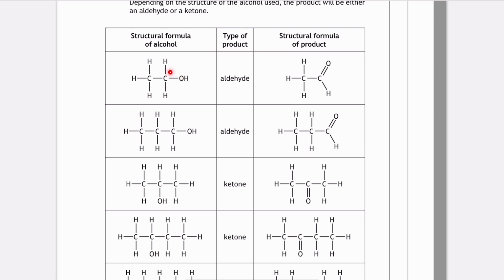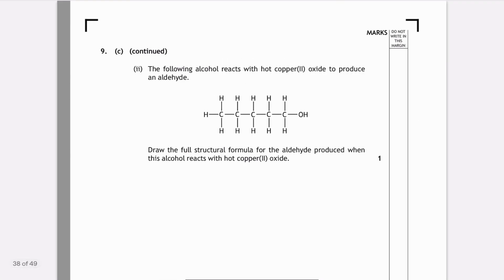So you could say that it's lost an H and the OH has become a double bond O instead, and that's the same for this one here. So that's basically what we need to do to this molecule. So we need to take that H away, and that then becomes a double bond O. So that would be the aldehyde that ends up forming. So we just draw that like that.